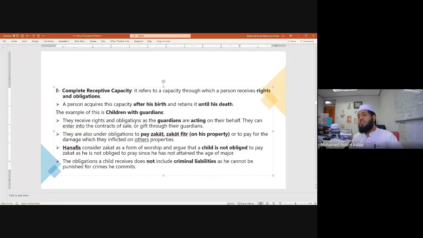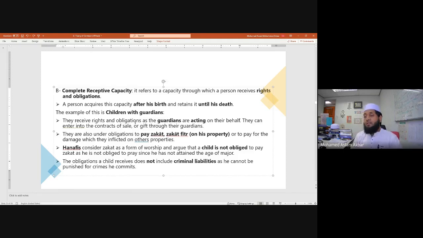The obligations a child receives do not include criminal liabilities, as he cannot be punished for crimes he commits. This is different; what we call today a juvenile, the child. When the child commits something, it's not actually a crime like an adult committing it, because most of the time the child does not know that they are committing a crime.